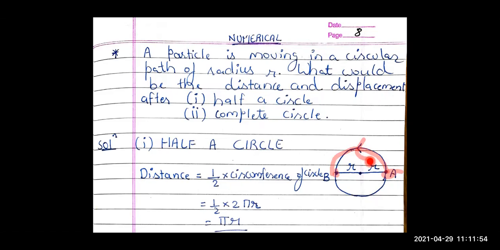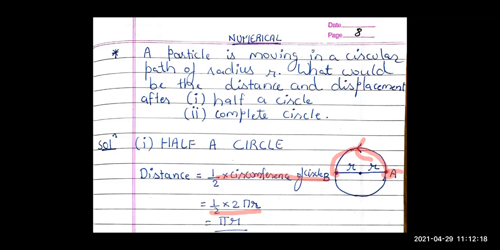But this is half circle. So the distance is half of the circumference of the circle, because the particle has moved only half of the circle, right? So half of 2 pi r, 2 cancel, your distance covered is pi r. This is the distance covered when the particle has traveled half a circle, right?